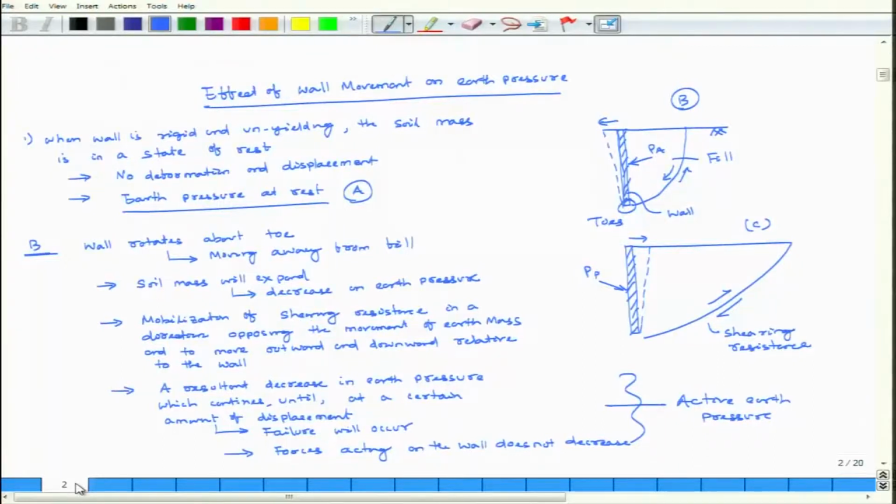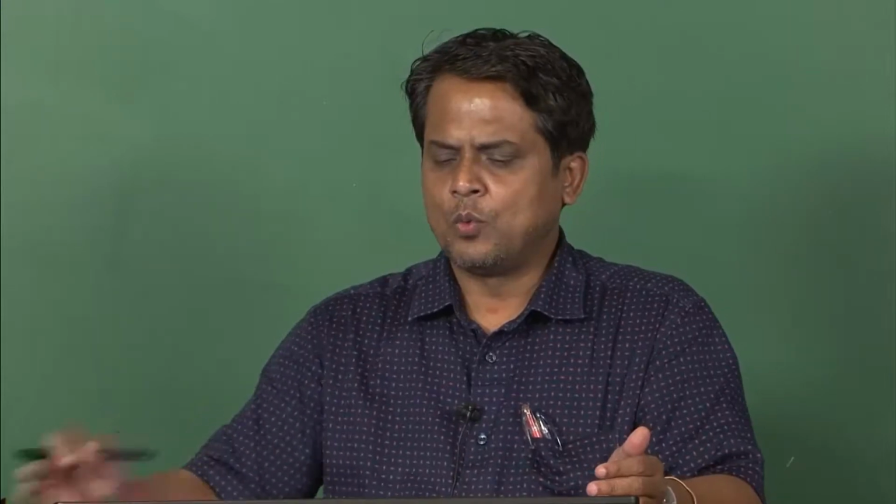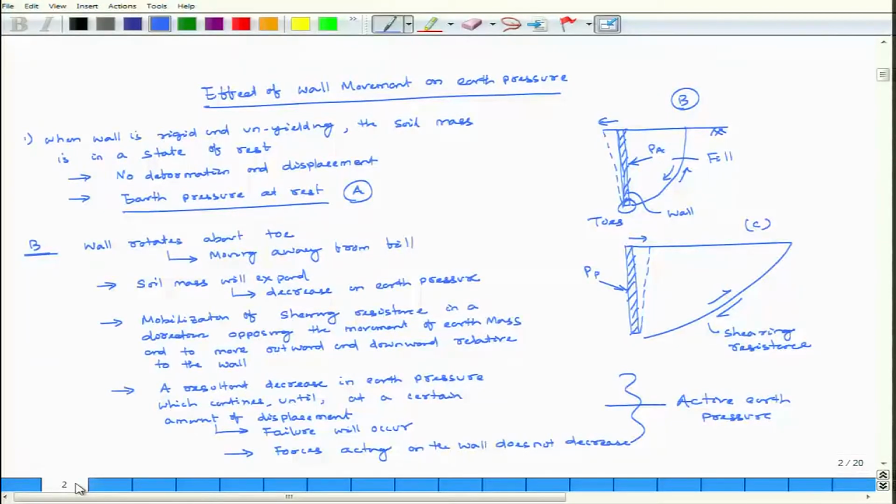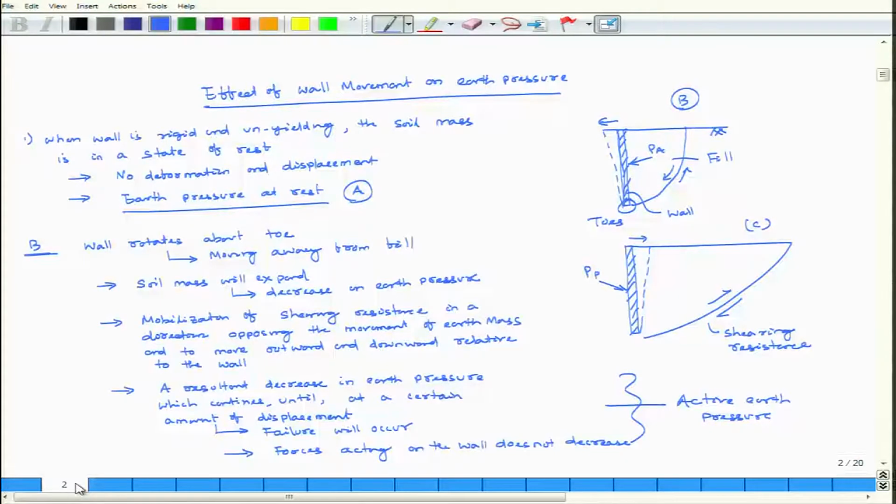Second is active earth pressure. When the wall rotates about the toe, at that time the wall moves away from the backfill, that is called active earth pressure, case B. If the wall is moving away from the fill, the shearing resistance to resist it, look at the directions, will be in the opposite direction. So, then it will reach its limiting state, and failure will occur. At this condition, that is called active earth pressure.